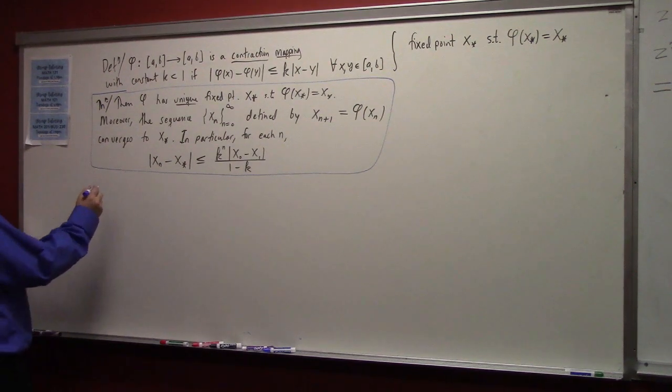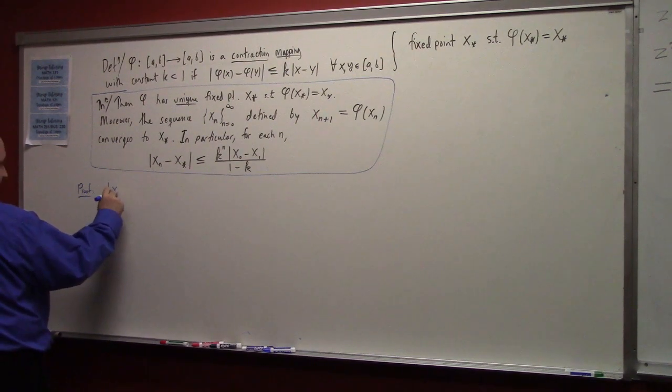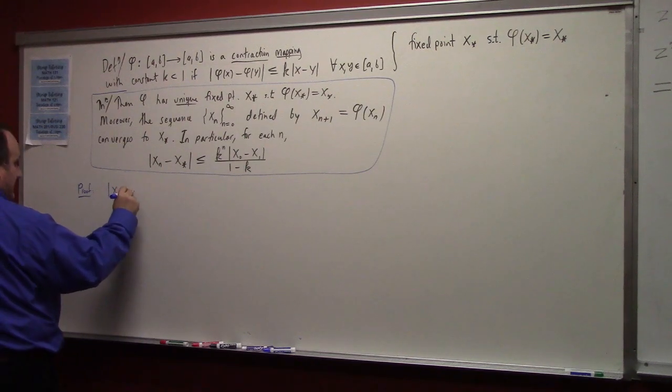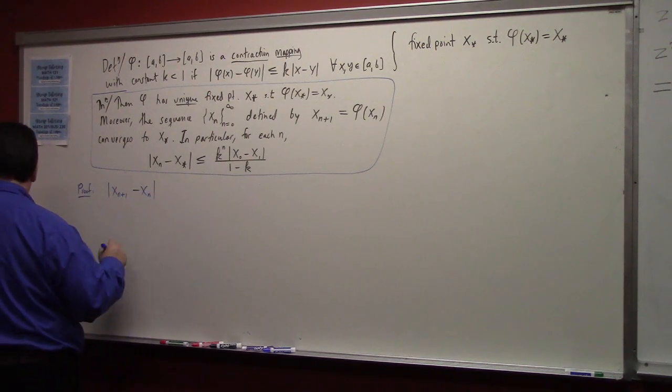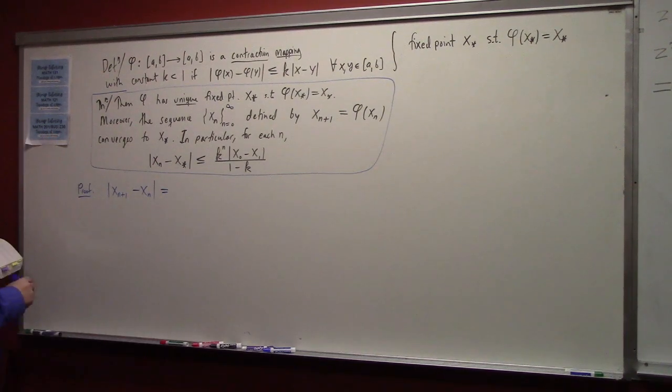So here's the proof. We look at the absolute value of x of n plus 1 minus xn. All right. And what's that going to be equal to? In terms of the iteration, what's that equal to?